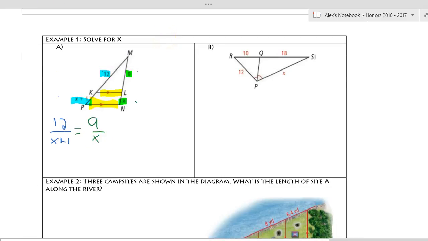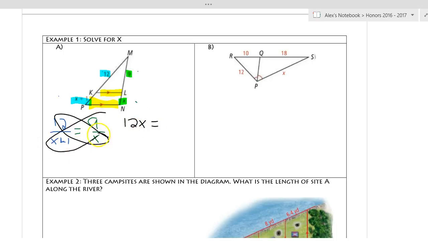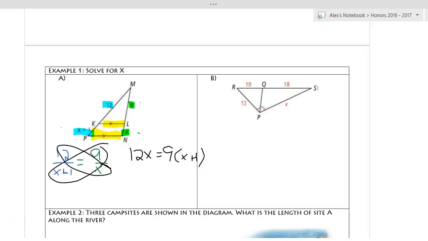Then I'm just solving this just like we did in Target 1B. So 12 and x, which is 12x, equals 9 times x plus 1. And again, be careful, I have to distribute. Right, 9 times x plus 1. So here now I have 12x, distributing that 9, I have 9x plus 9, right? So now I just need to solve for x.